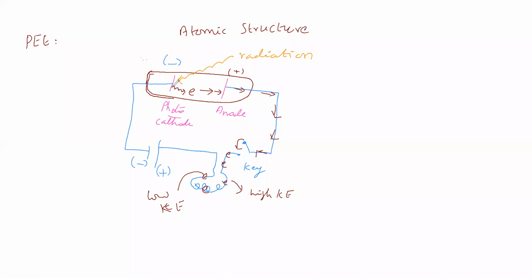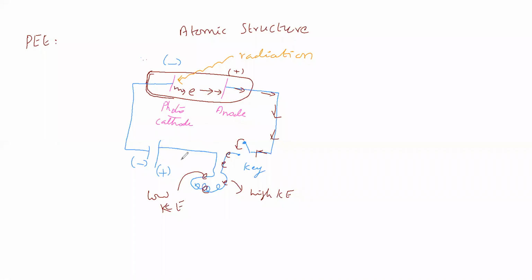So if the photocathode is ejecting an electron, that electron should come to the anode, pass through the wire and go to the bulb, to the tungsten filament. The tungsten filament has higher resistance, therefore the kinetic energy is converted into light energy, and the electron becomes low kinetic energy and reaches this place.